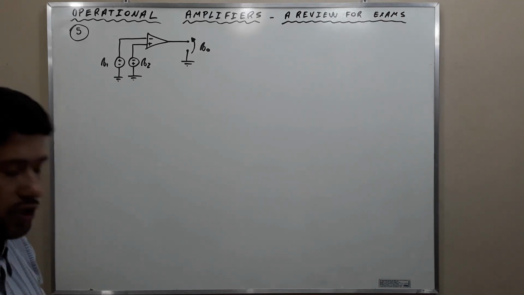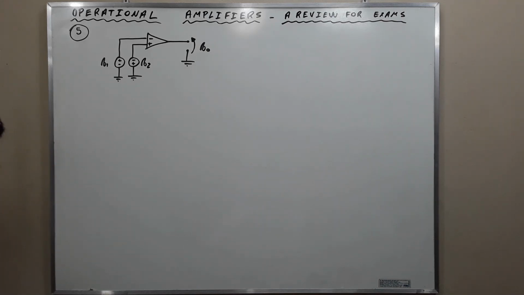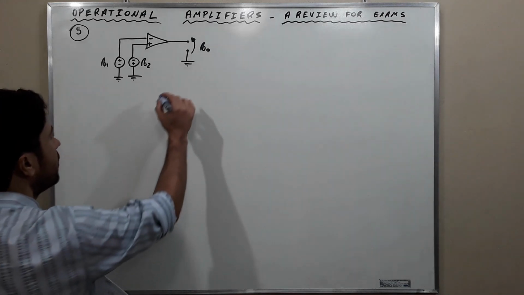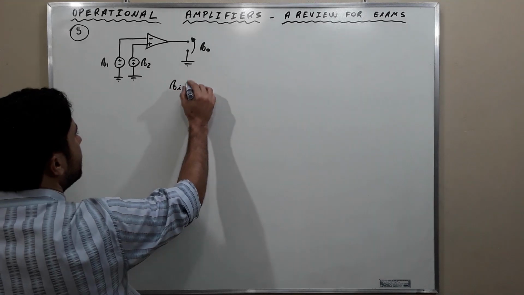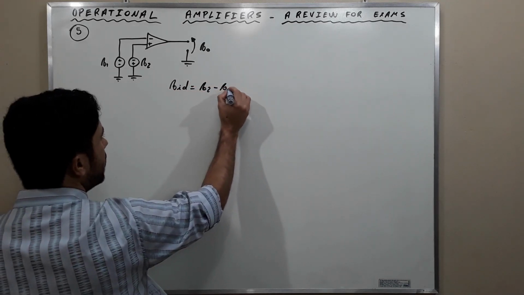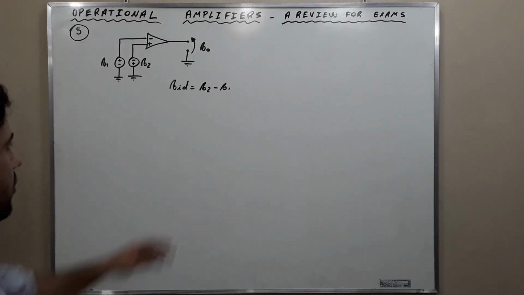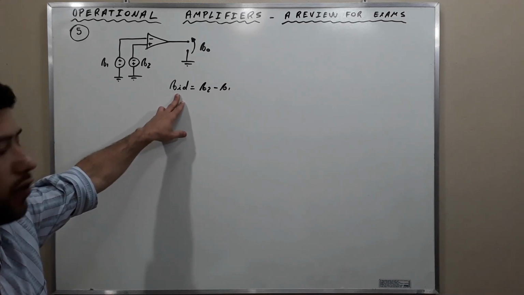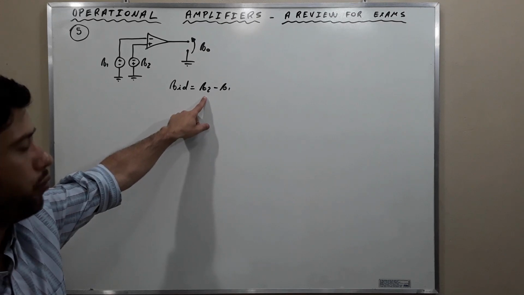Observe that by definition, the differential amplifier will amplify the difference in voltage, okay? VID is equal to V2 minus V1. This is the difference between the input voltages.